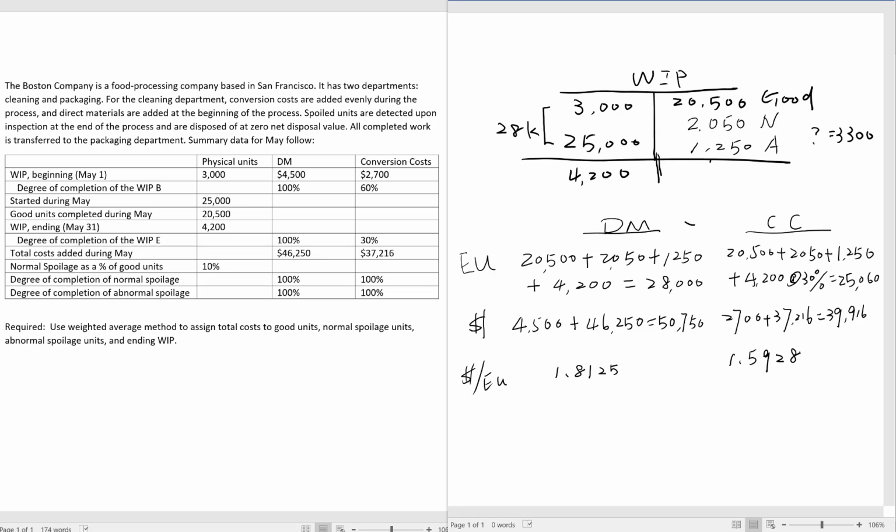Combined together, the total manufacturing cost for a unit completed is 3.4053.